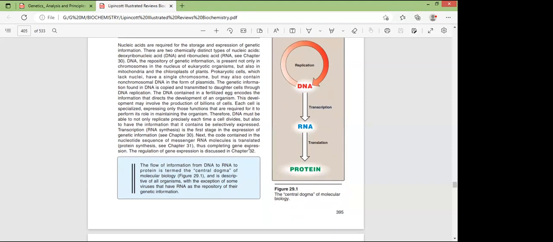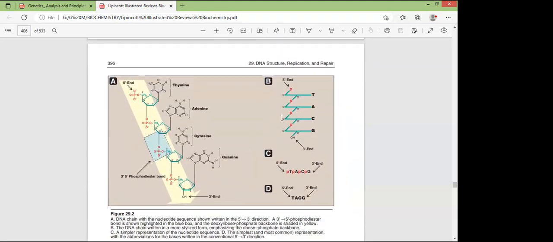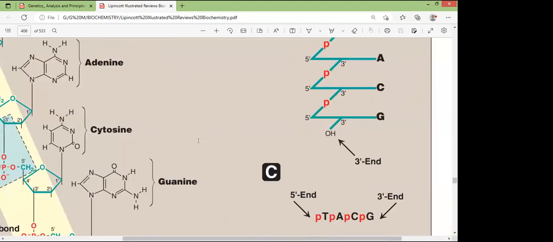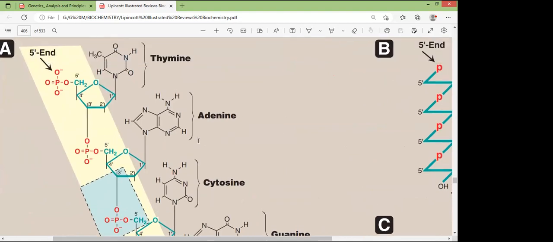So looking at the structure of DNA, here it is. We've said DNA is deoxyribonucleic acid.